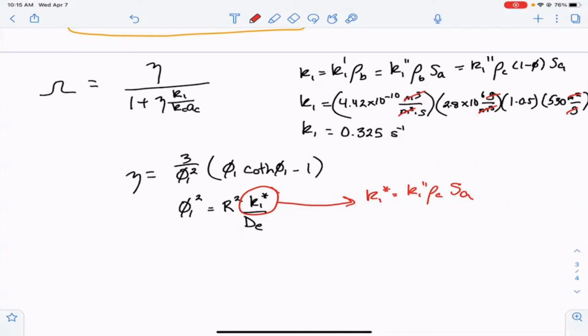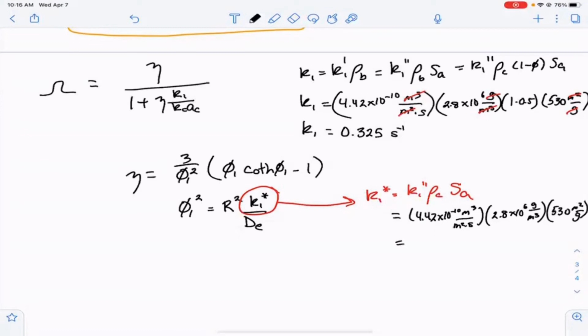So now to do this, we have to actually calculate K1 prime, or K1 star, I apologize. And so that K1 star is equal to those two things, which again is 4.42 times 10 to the minus 10 meters cubed per meter squared seconds, times rho C, which is just 2.8 times 10 to the 6th grams per cubic meter, times the surface area, which is 530 meters squared per gram.